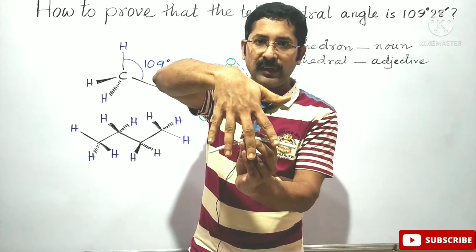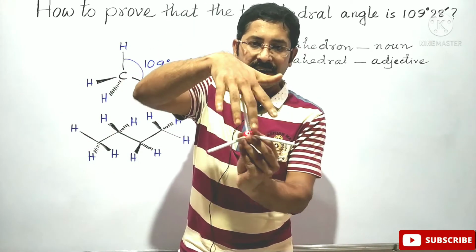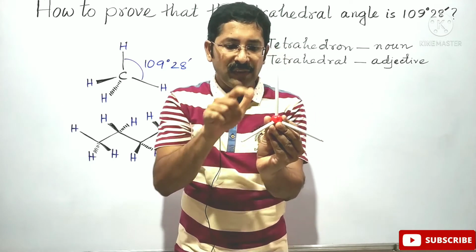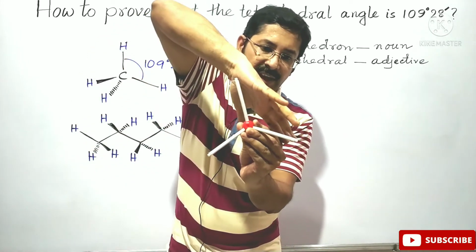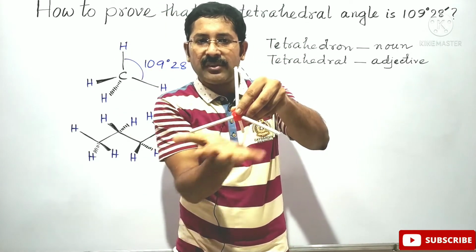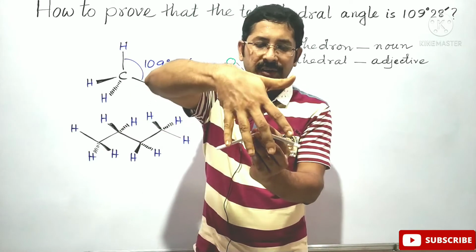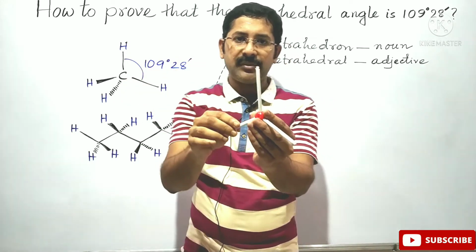It is a trigonal face. If these 3 vertices are joined, they form a triangular face. If these 3 vertices are joined, they form another triangular face. This is the 3rd triangular face and this is the 4th triangular face. So there are 4 triangular faces present in this geometry.